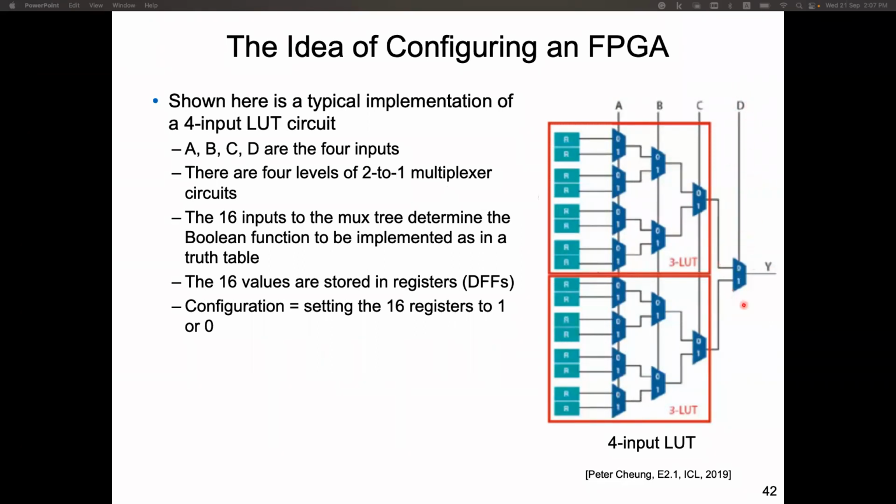So let's look at the last multiplexer. If D is 0, then the upper input will be passed to the output Y. If the control D is 1, then the lower input will be passed to the output Y. It selects 1 of the inputs to the output. This is a 2-input multiplexer.